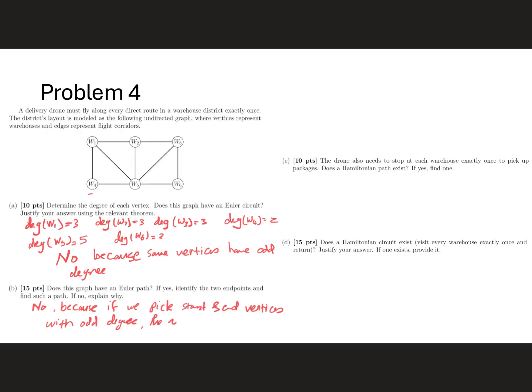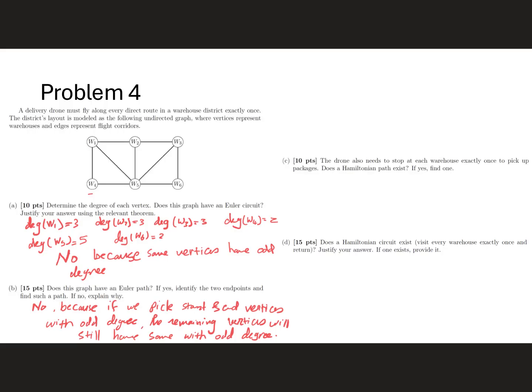The remaining vertices will still have some with odd degree. So no. Okay. Now let's go to part C.